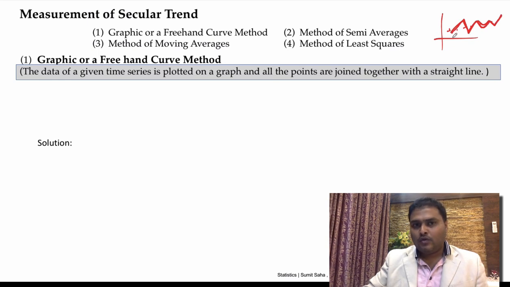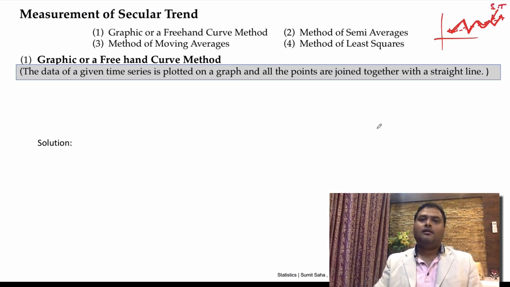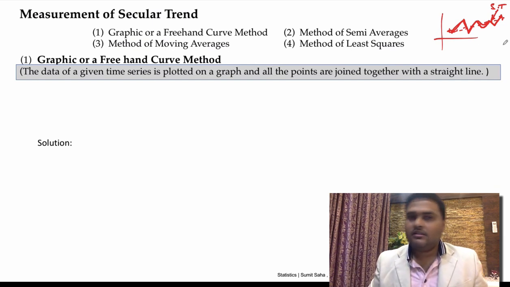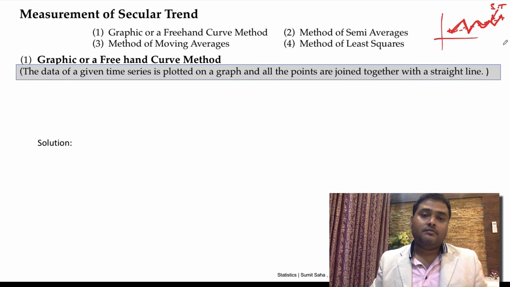Then to calculate the secular trend, we'll join the first point and the last point with a dotted line. This dotted line will be the secular trend line, or I can say the projection of the sales, productivity or profit at any point of time based on the secular trend, which I explained in the previous section also.